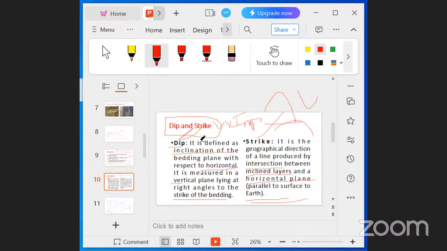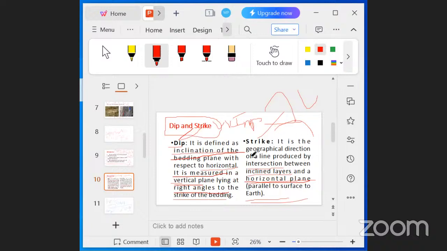Dip is defined as the inclination of the bedding plane with respect to horizontal, and it is measured in a vertical plane. This is the horizontal plane. The vertical plane lies at right angles to the strike of the beds, right?